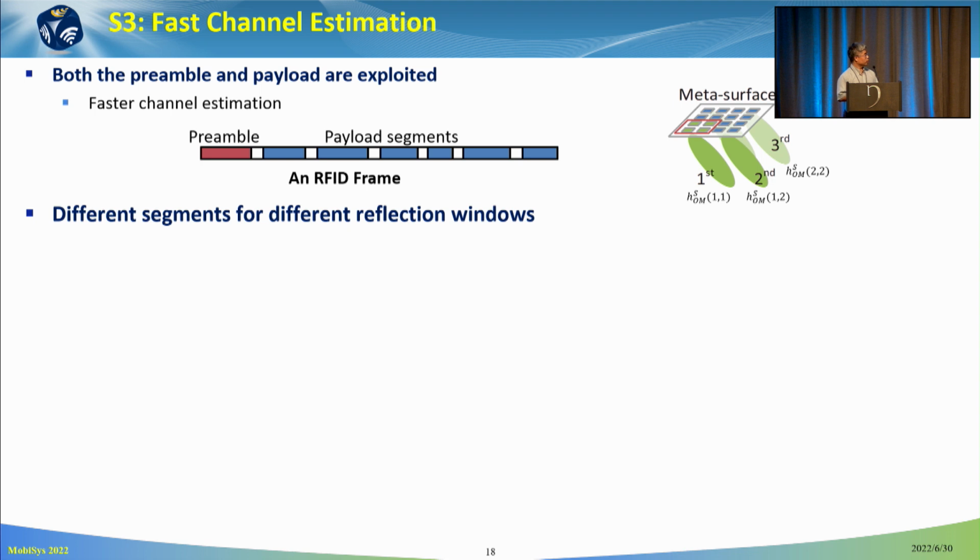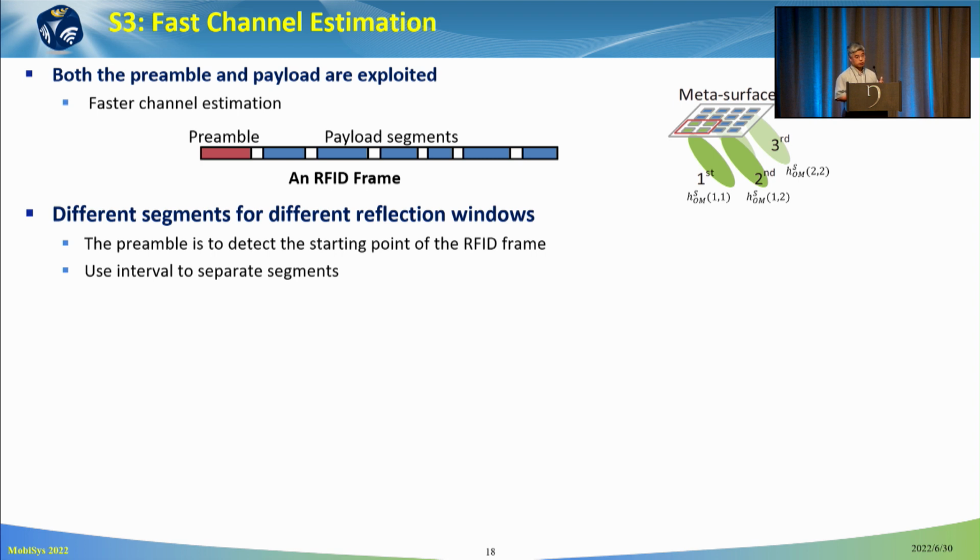What we do is use different segments of the RFID frame, and we use intervals in between the segments to tell which one is for the next window. But of course, we need to have established the relationship between the segment and the window. So we use different sizes of the segment to represent different windows.